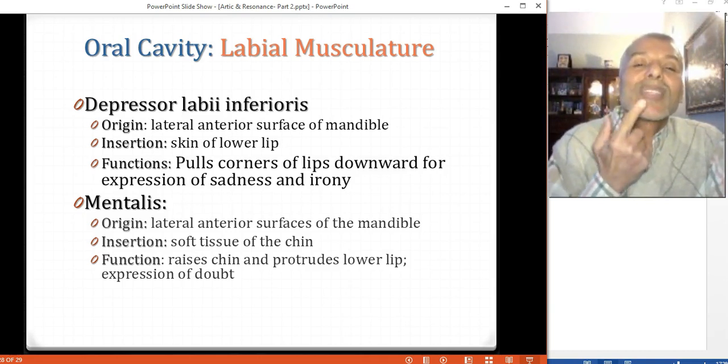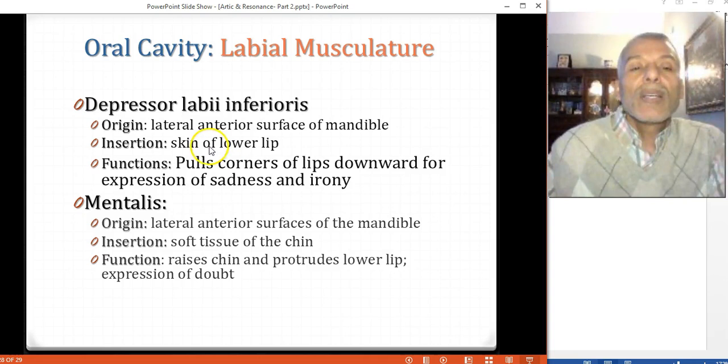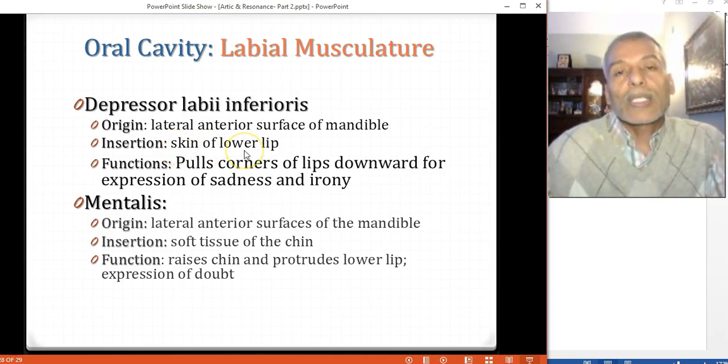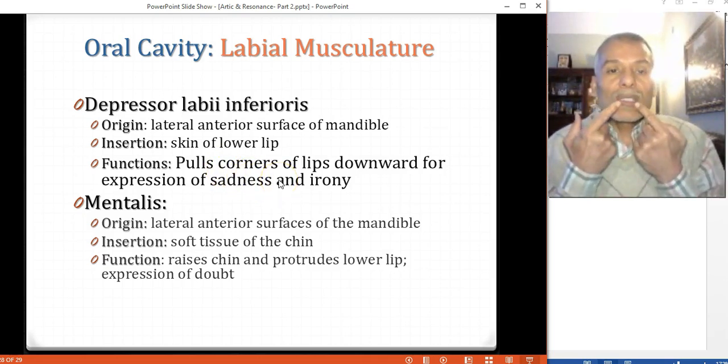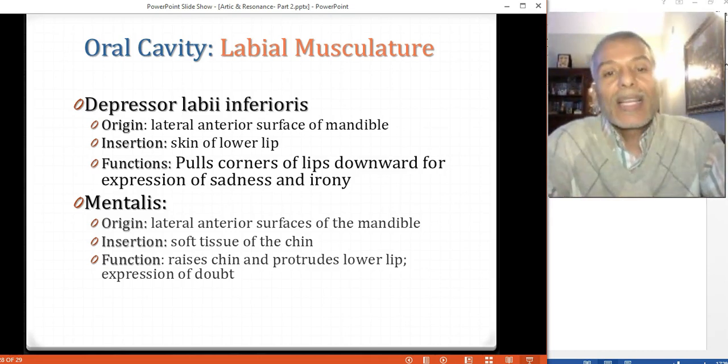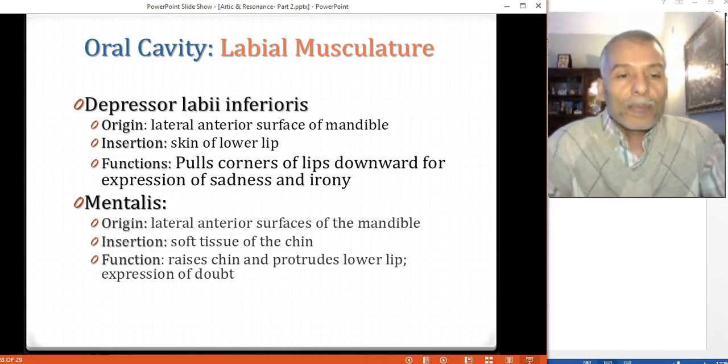It originates on the anterior lateral surface of the mandible here, and it rises to insert onto the skin of the lower lip. And the function is to pull the corners of the lip downward for expressions like sadness and irony.